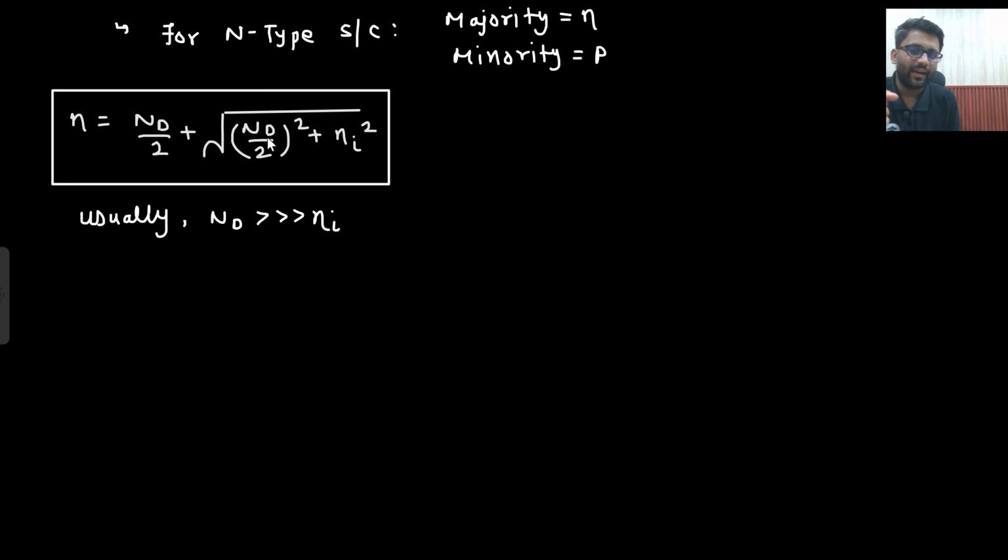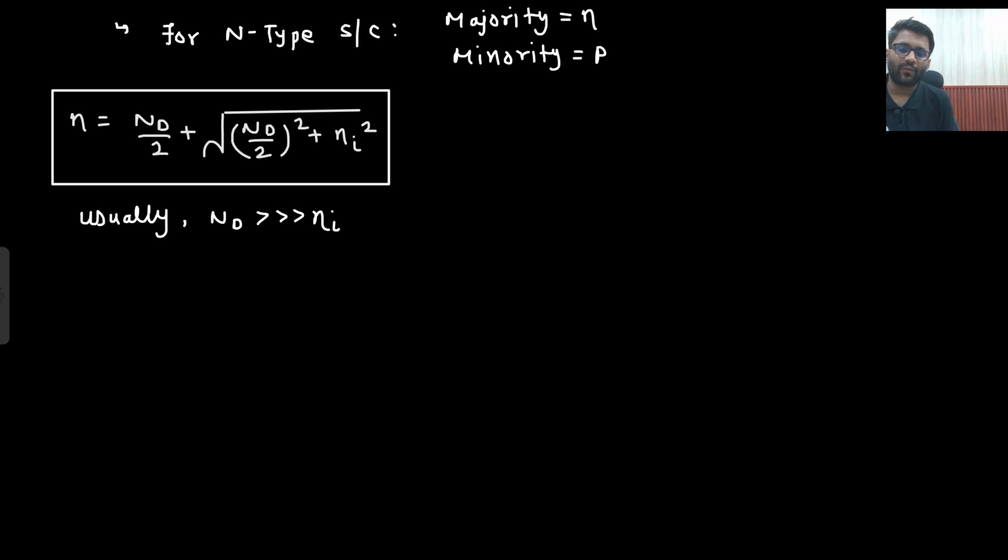So what will happen? Nd by 2 whole square and then under root. Ni I am putting 0, so this is gone, and whole square and under root will get cancelled out. So what you will be getting? You will be getting Nd by 2 plus Nd by 2. What would that be? Nd only.